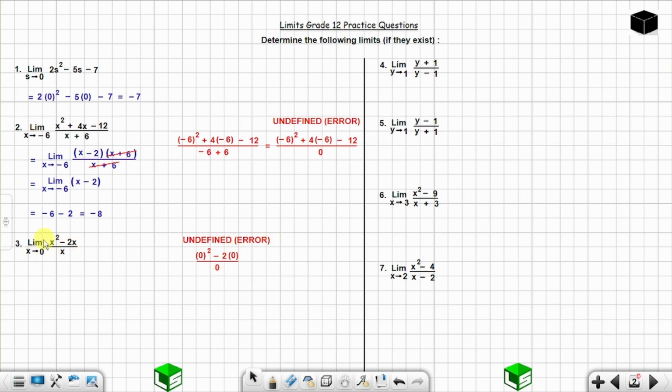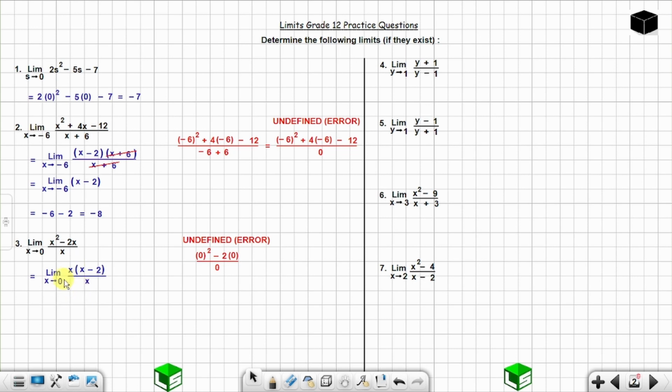So how can you solve this? You're still going to repeat this. The only time you are going to drop the limit expression is when you substitute the value for x. So we are going to repeat the expression: the limit as x approaches 0. Now you are going to take x outside of the bracket, and in the bracket you've got x minus 2, over x.